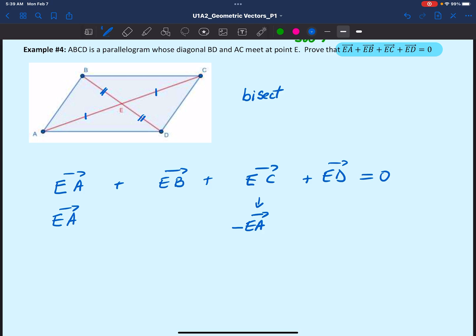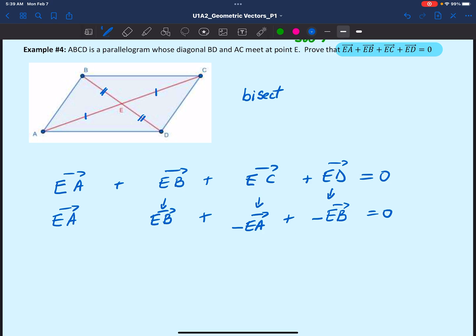Similar to this, vectors EB and ED, since they lie on the same diagonal, are of the same magnitude and opposite direction. So they're opposite vectors. So I will leave vector EB as is, and then I would express vector ED in terms of EB. So it is the opposite of EB.